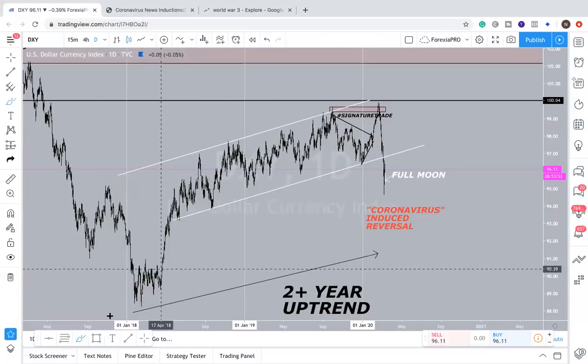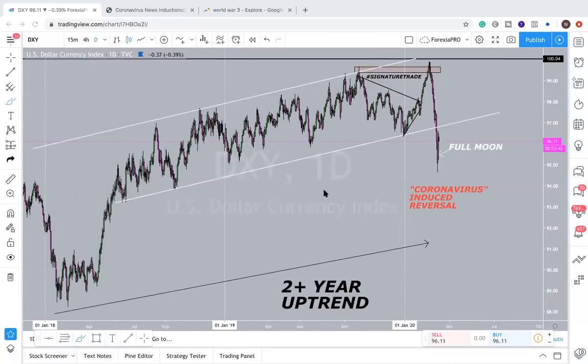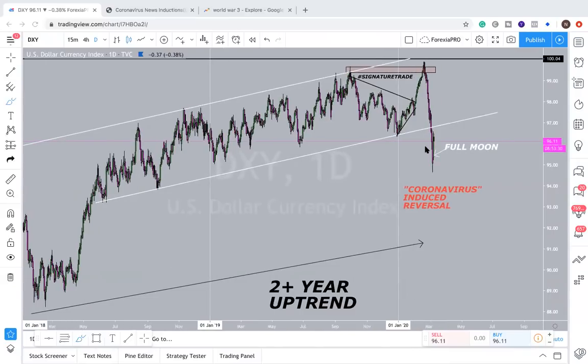Each candle represents 1 day. All right, we're looking at a little over 2 years of uptrend right here. An extremely defined uptrend from the beginning of 2018 to now, the end of 2020.